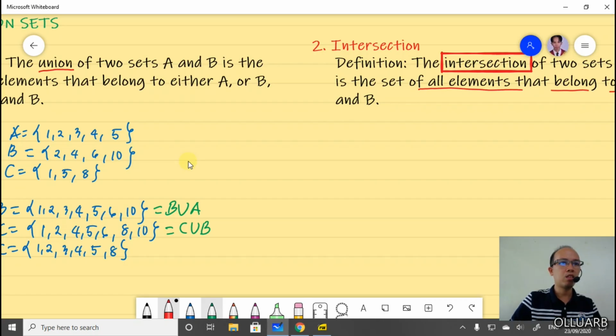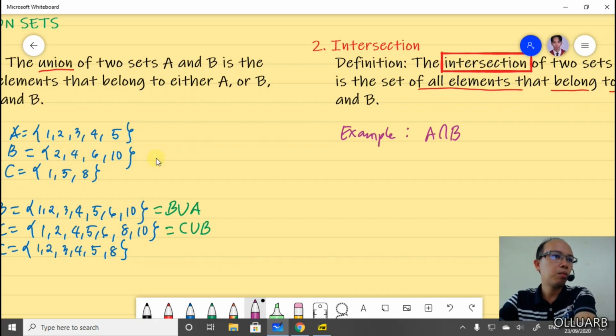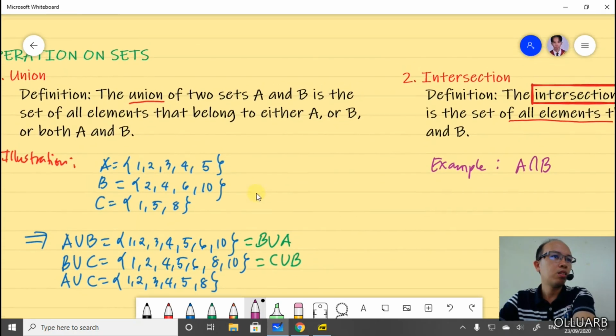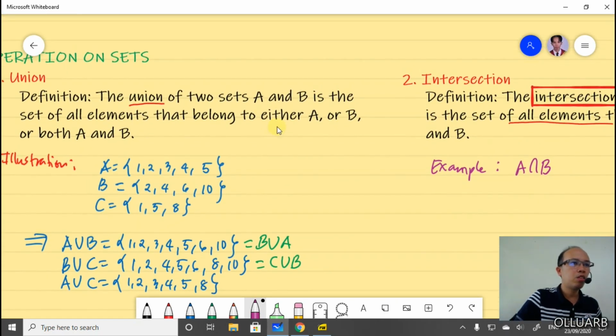if you have A intersection B, by the way, before I forget, the notation for the union is this symbol.